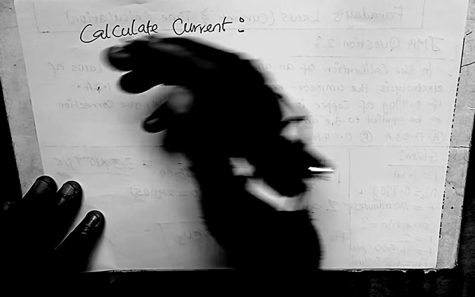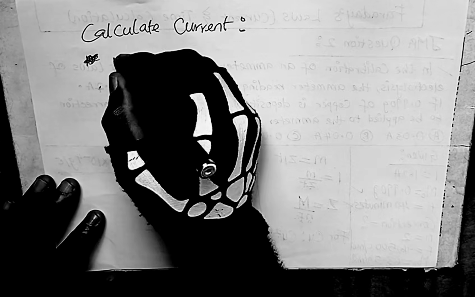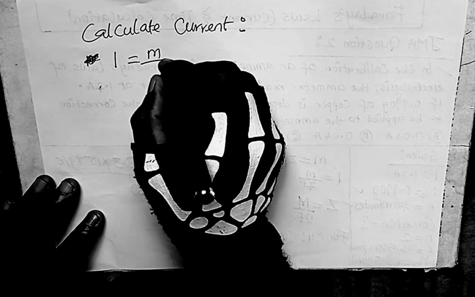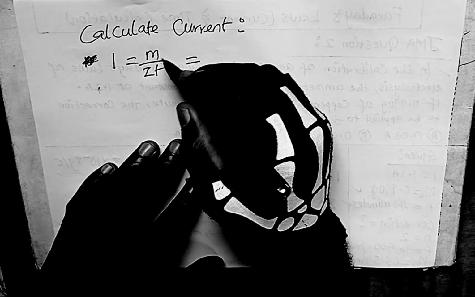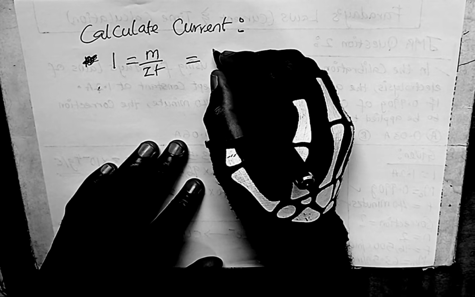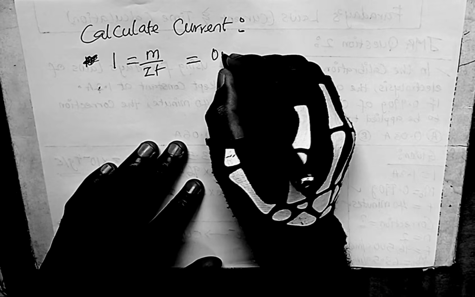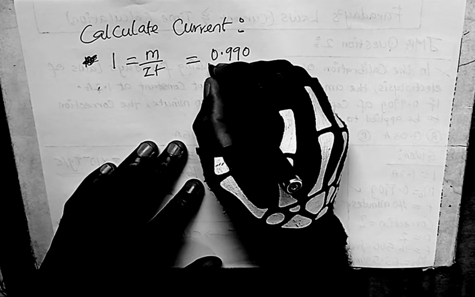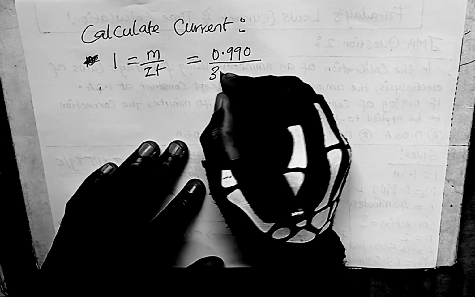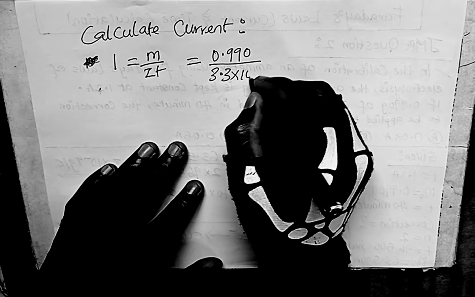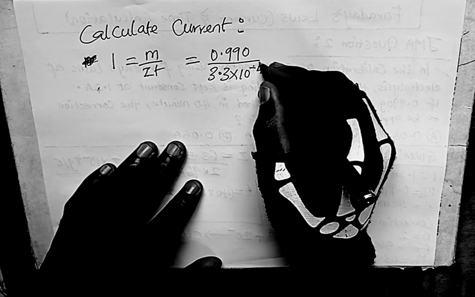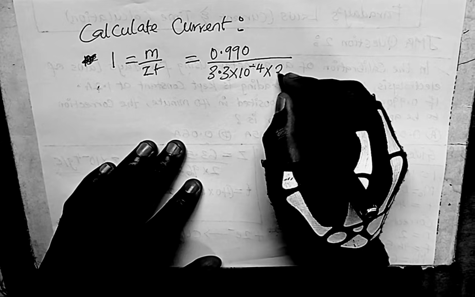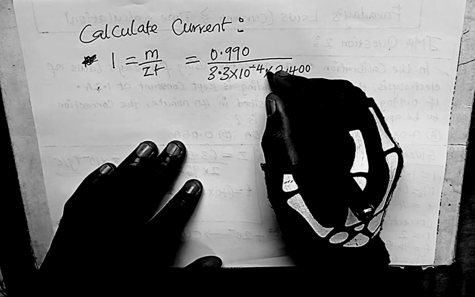Calculating current, we apply the formula: current is equal to M over Z times T. Substituting, M is the mass they gave us, 0.990, over Z, 3.3 times 10 raised to power minus 4, times T, 2,400 seconds.